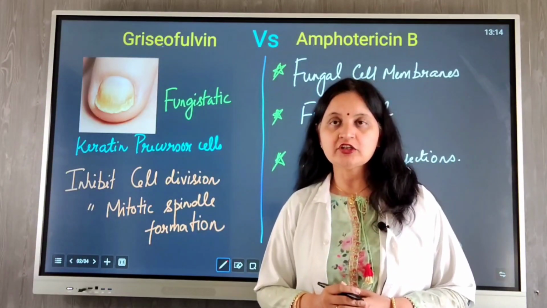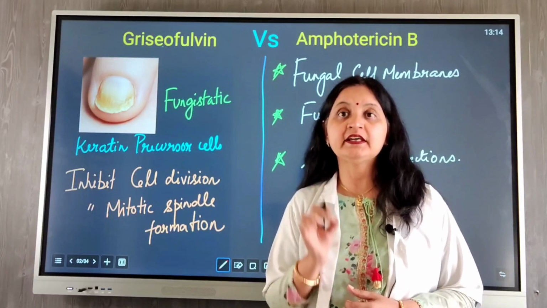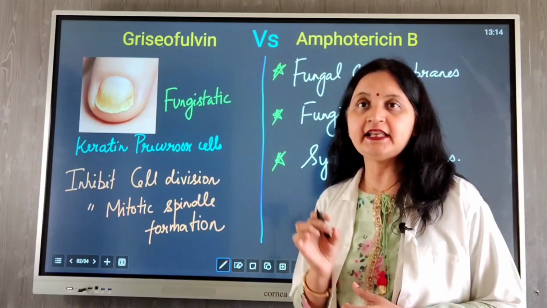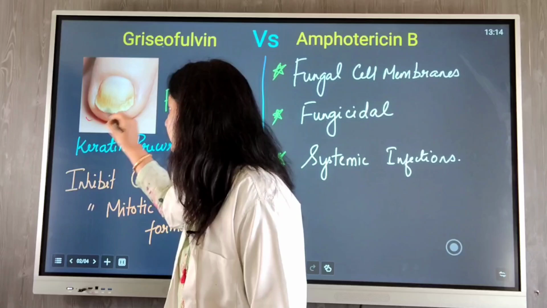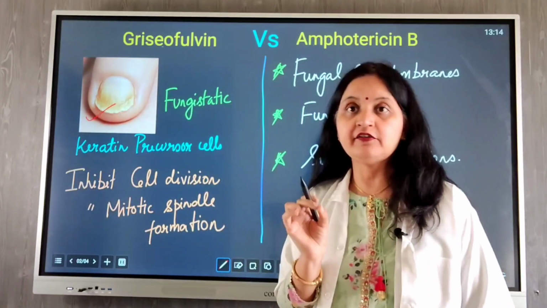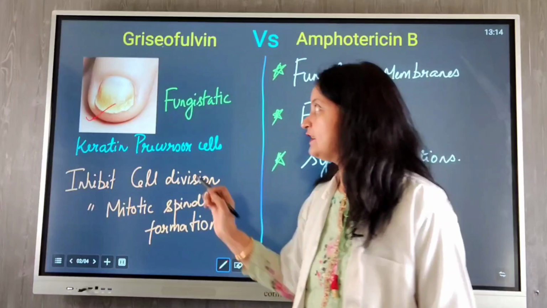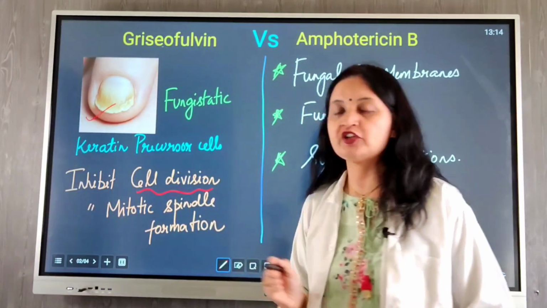So how do these agents work? Griseofulvin has a unique property. It gets deposited in the keratin-rich cells, in the keratin precursor cells such as skin, hair and nails. As we can see in this figure, it gets deposited. It has high affinity for keratin-rich tissue, gets incorporated in the keratin of the skin, hair and nails, and it inhibits cell division.